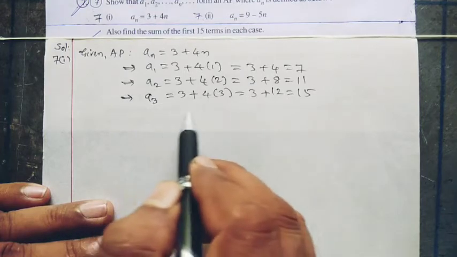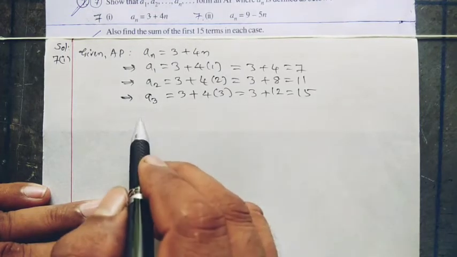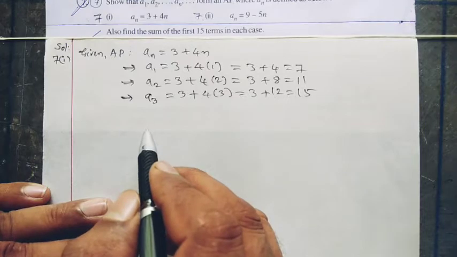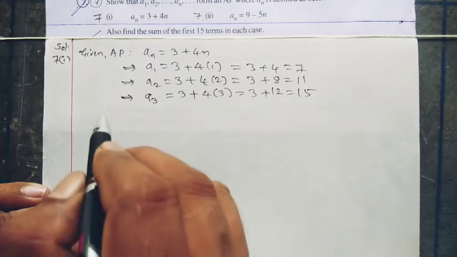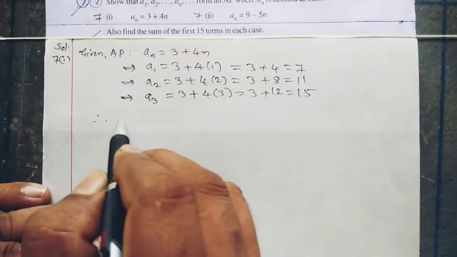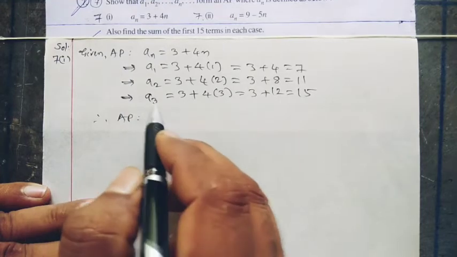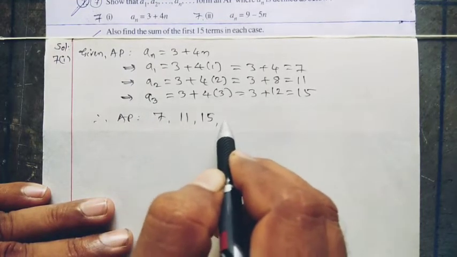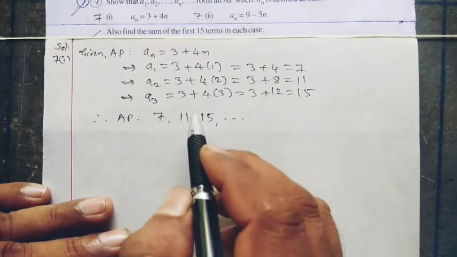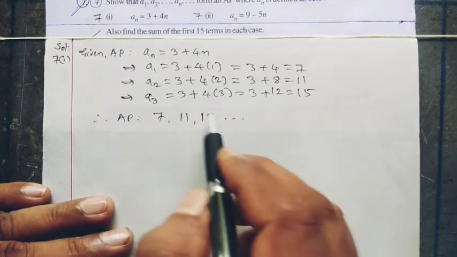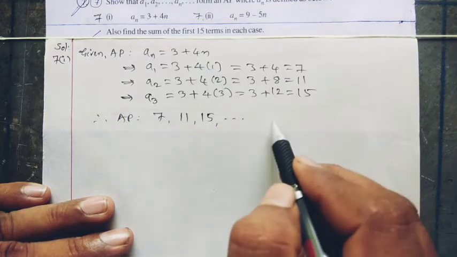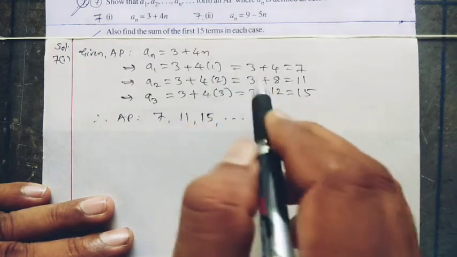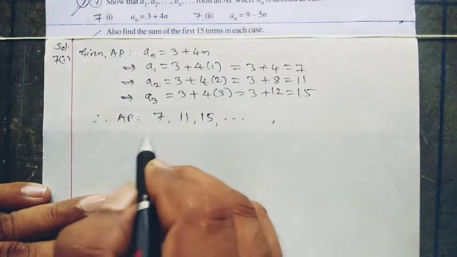Like this we can get answers. Now the pattern is therefore an AP: 7, 11, 15 and so on. This is the an. 3 plus 4n is the an.